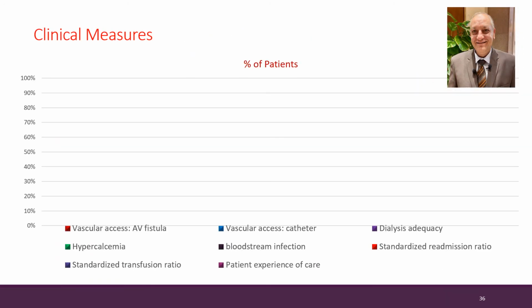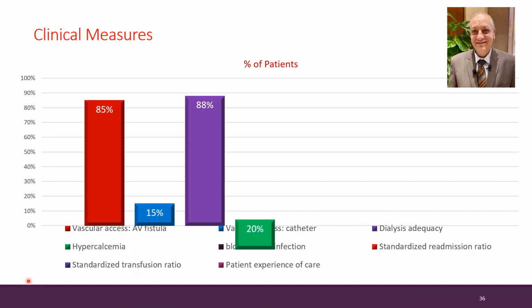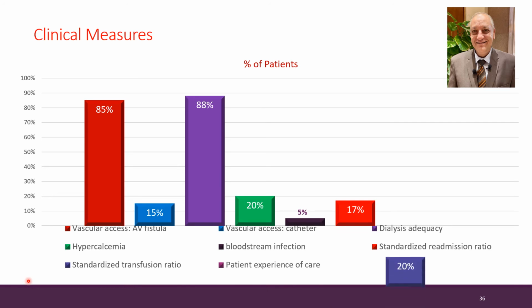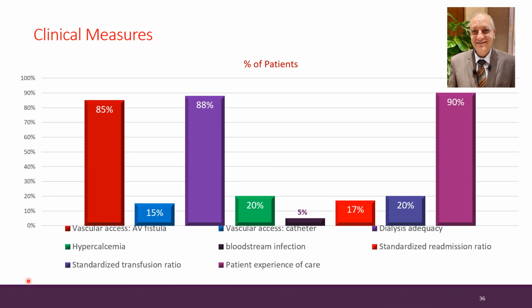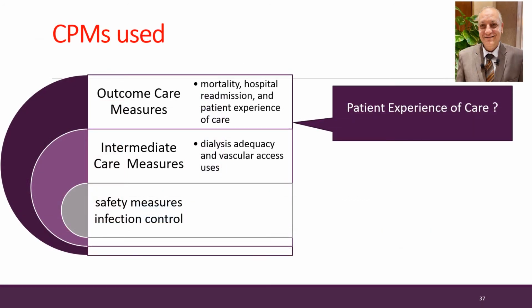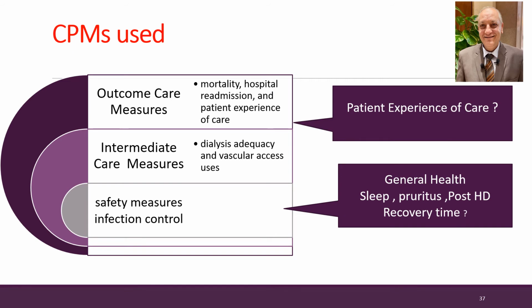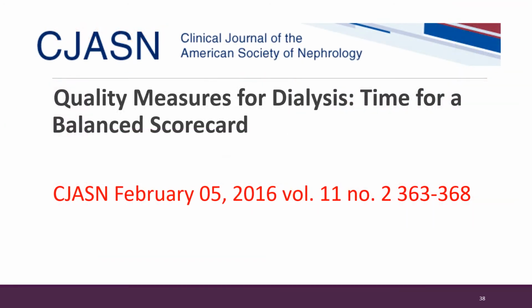So the clinical measures every month or every quarter per year, it will be like that, how many patients are in different categories, in adequacy, in infection, in anemia, in hypercalcemia, and this graphic is repeated every month or every 3 months. So the CPM defines the patient's experience of care with quality measure for dialysis.